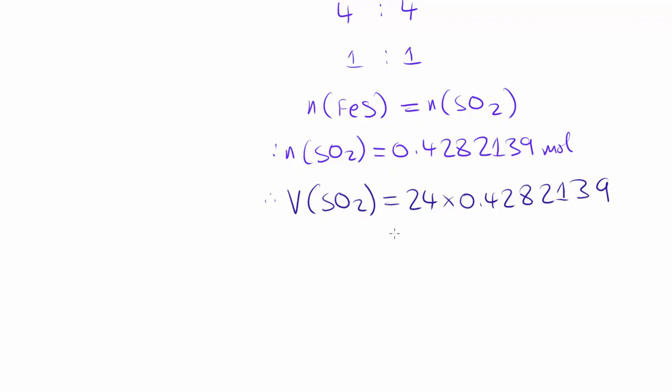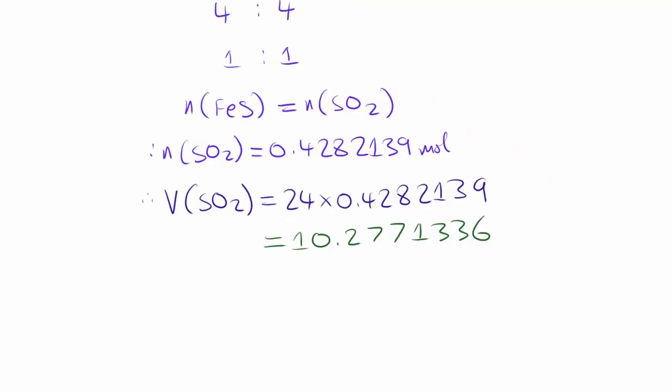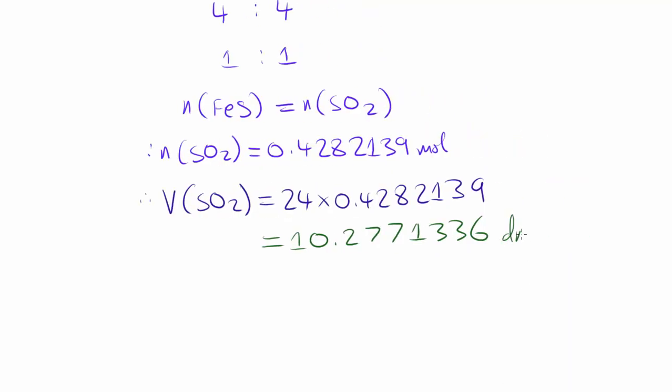If you do have a go at working that out, what you should find is that you get 10.27... 1336, and that volume is going to be in decimeters cubed.